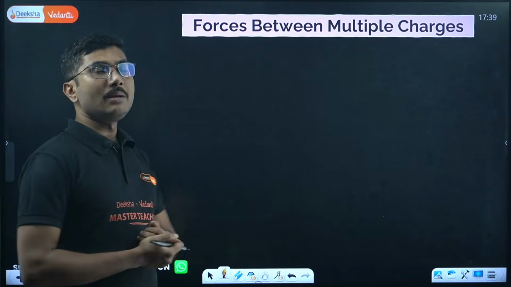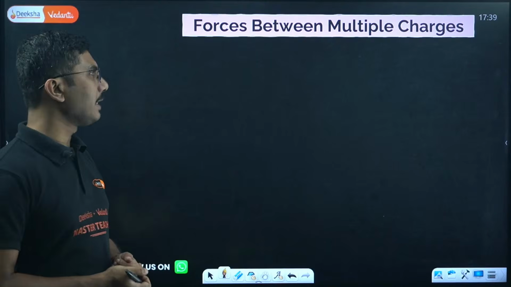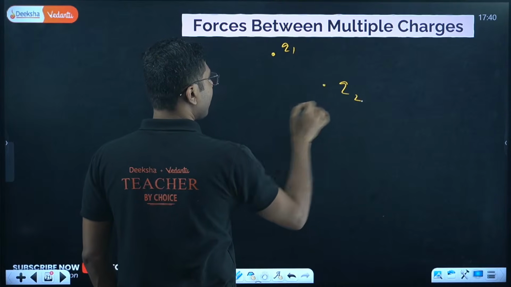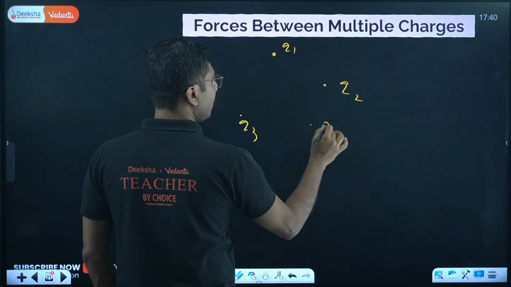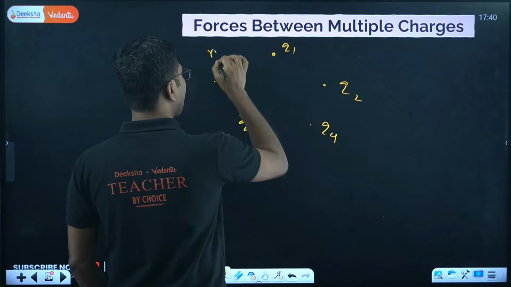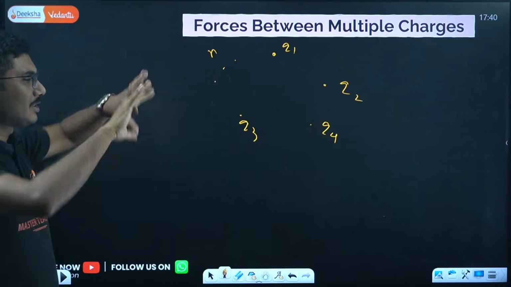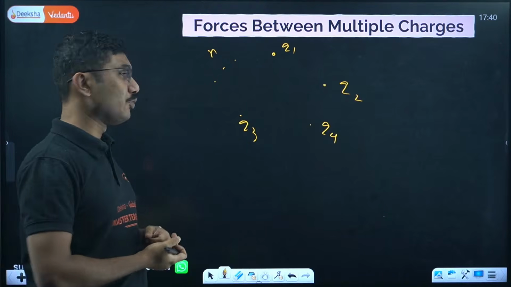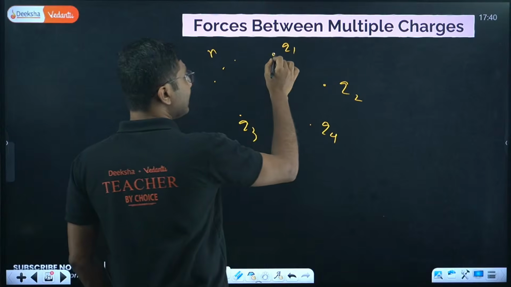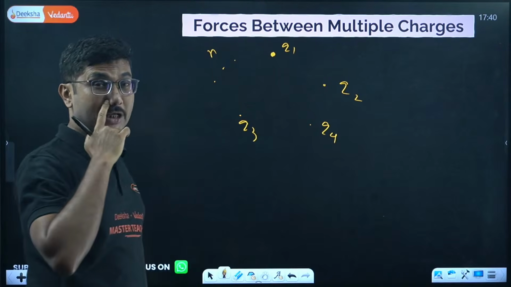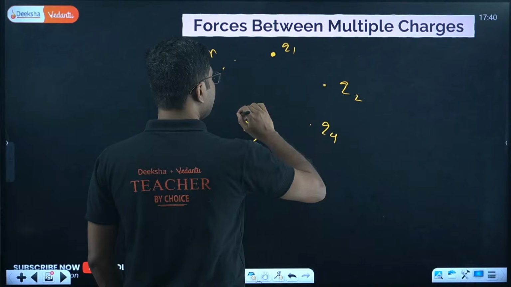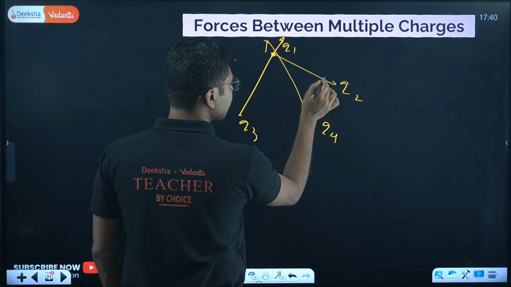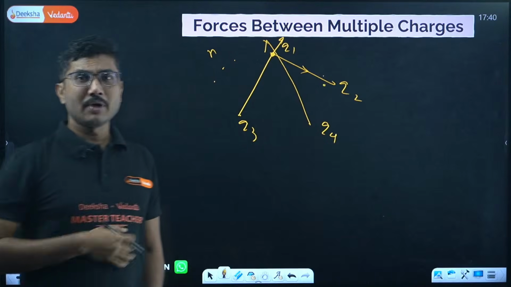Now, force between multiple charges. This is also a simple thing. When we have multiple charges, say q1, q2, q3, q4, such that we have n number of charges, all scattered in space, what will be the force? We take one charge first as our origin charge, the first charge, and find the force acting on this charge because of the other charges. Some of them can be positive, some negative.